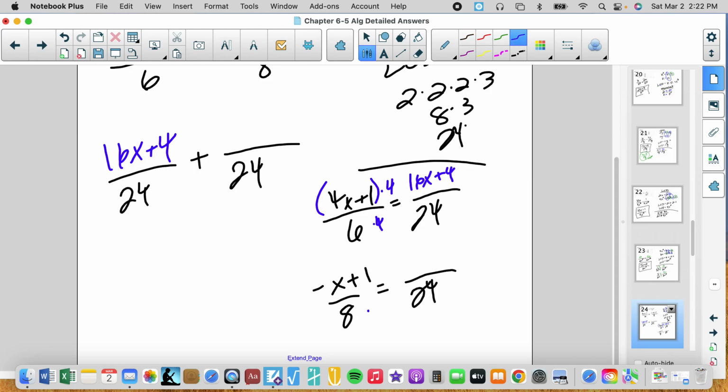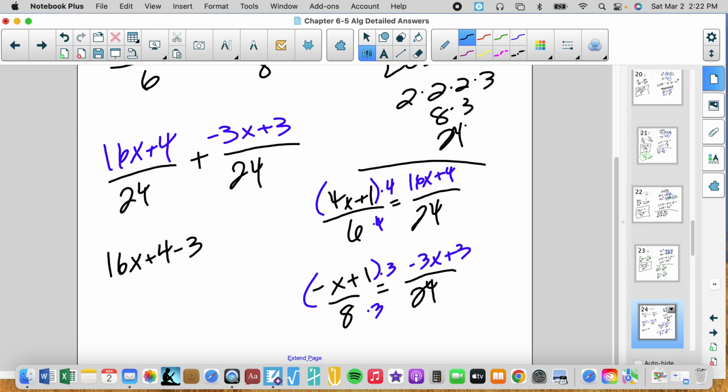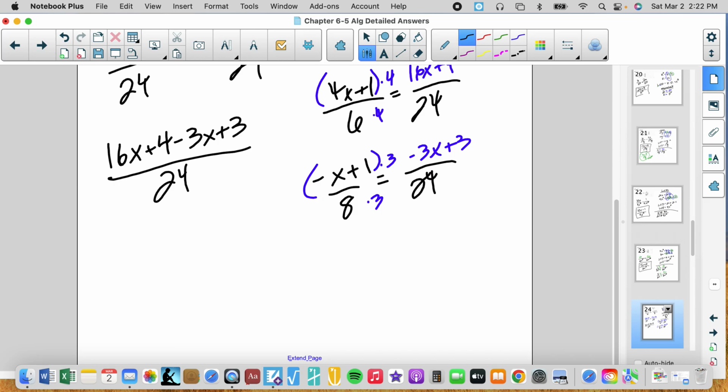We're going to multiply by 3, so that's negative 3x plus 3. Now that we have like denominators, we can combine both of those numerators over one denominator. We have like terms. 16x minus 3x is 13x. Positive 4 and positive 3 is positive 7 over 24.